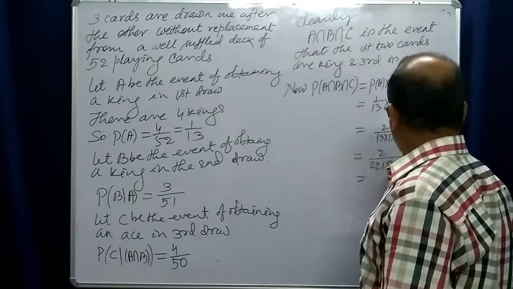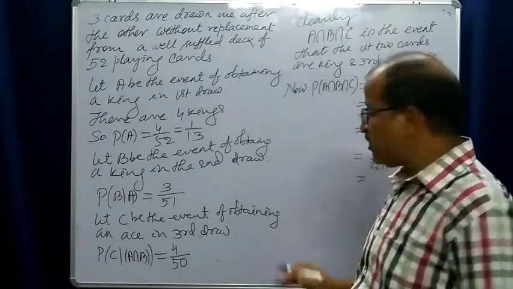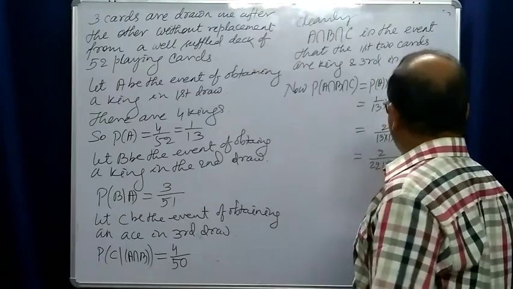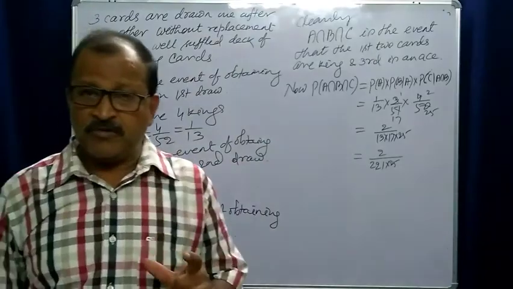Okay, you can calculate it. So this is the probability that we will obtain this outcome in this process.